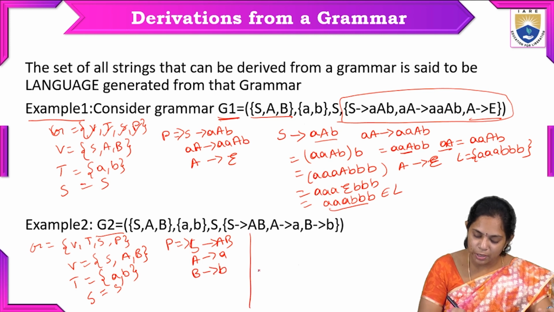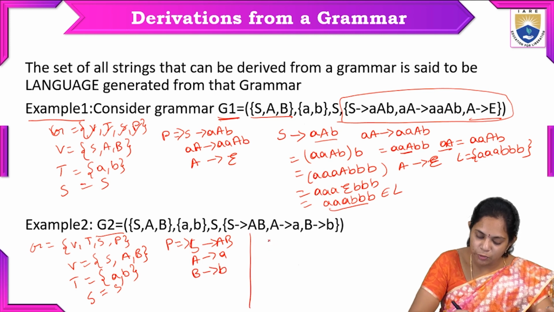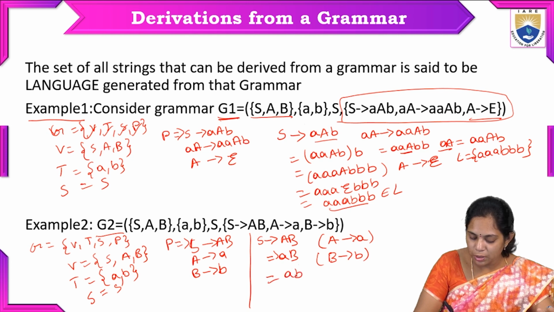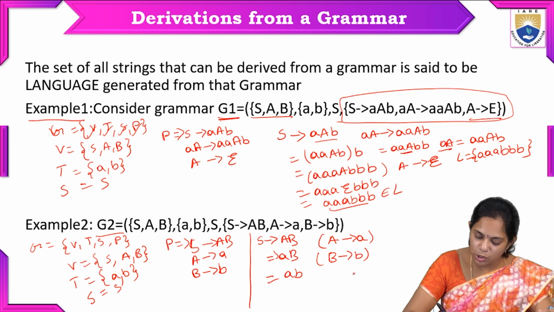So to derive the language from the given grammar, first we take the starting state, AB. We have to substitute the A value. So A tends to A, we are substituting. So A and B. And here we have to substitute the B value also, B. So we will get the string AB, which is the language by using these production rules.